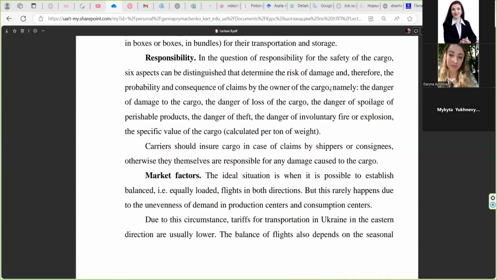The specific value of the cargo, for example, calculated per ton of weight, when we calculate on a lot of cargo. Carriers should insure cargo in case of claims by shipper or consignee. They themselves are responsible for any damage caused to the cargo.